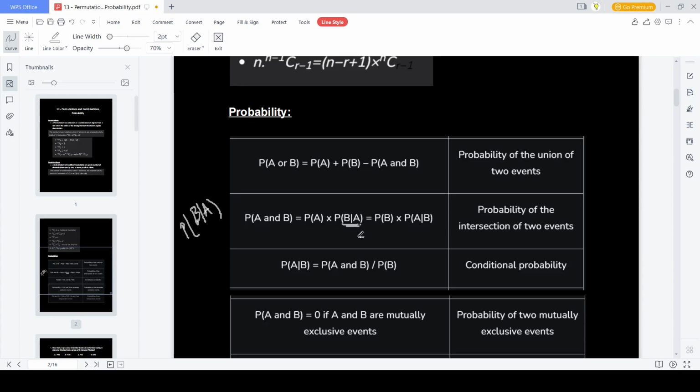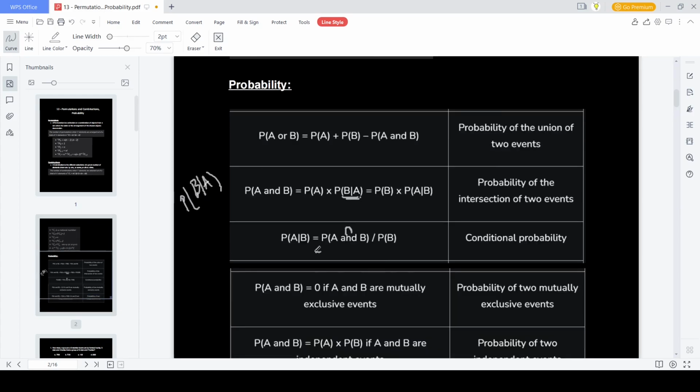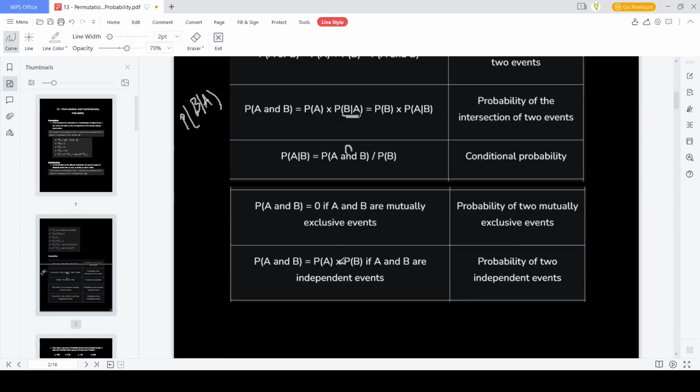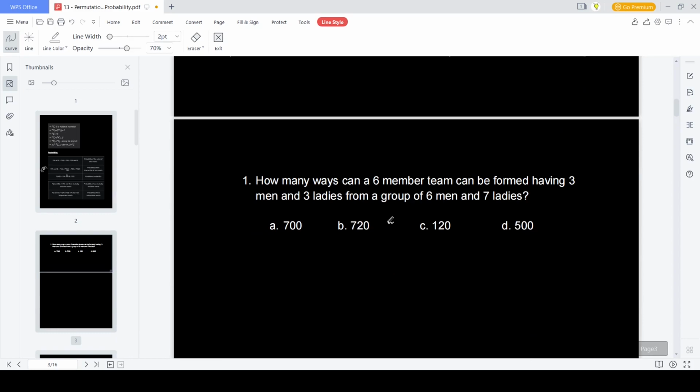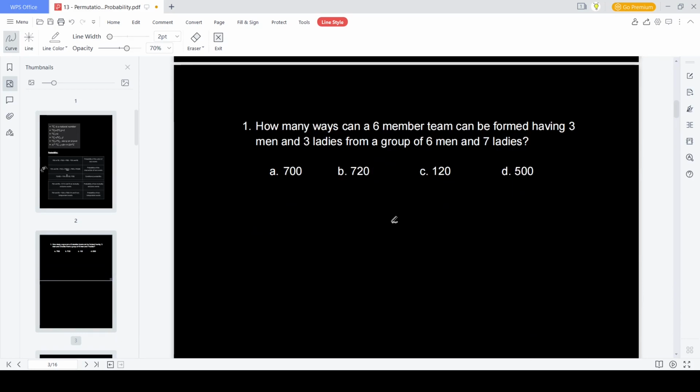Also, in conditional probability, P of A given B is equal to P of A and B divided by P of B. Sorry, A and B is A intersection B, and 'or' is union. The remaining we will deal with when the questions come. We'll come to the questions.